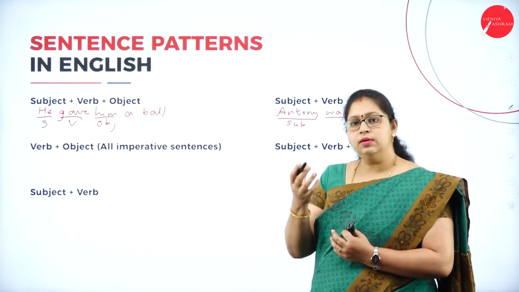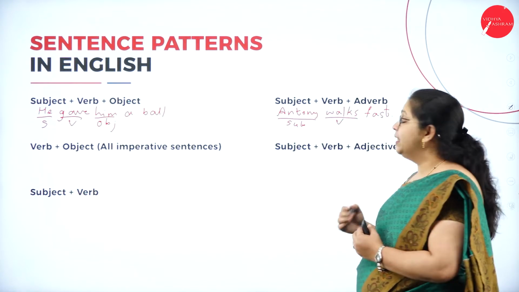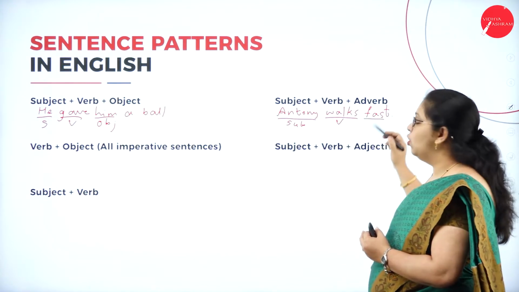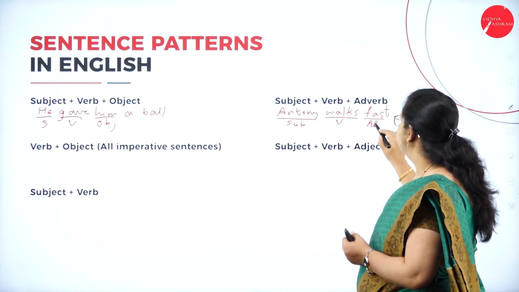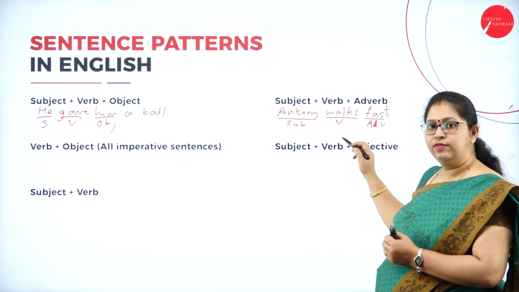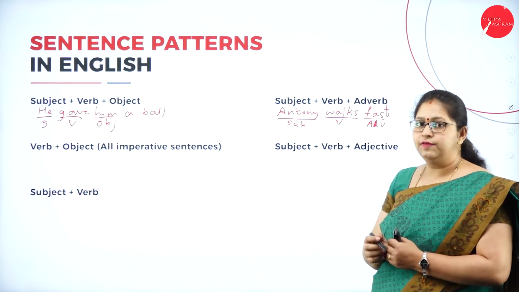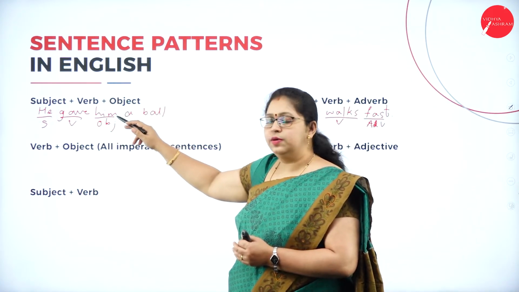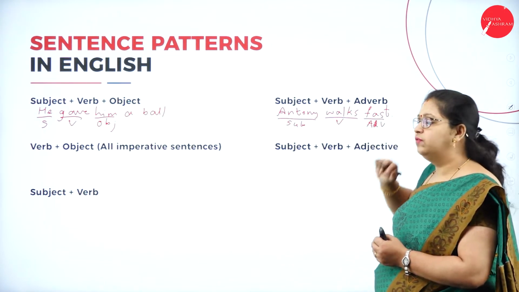Walk is the verb part, meaning action is done. That is the verb. Then how he walks is the adverb. How does he walk? Fast. So this is the adverb. So subject, verb, adverb. This is the order of a subject, verb, adverb kind of sentence. So we discussed two patterns. One is the subject, verb and object pattern, and the other one is the subject, verb and adverb pattern.